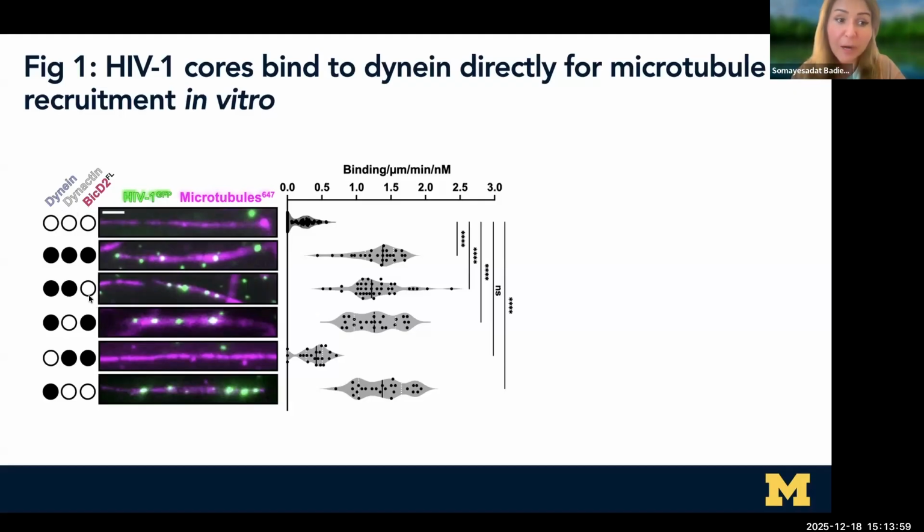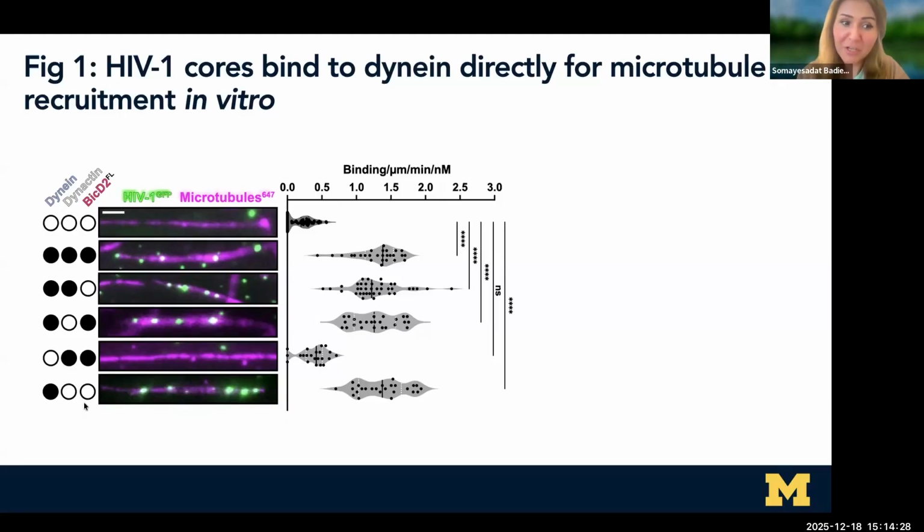To my surprise, when I excluded BICD2 from this mixture in the single molecule assay, the recruitment was not affected at all. I removed the dynactin, again, nothing. But when I excluded dynein, the number of HIV-1 recruited to the microtubule was significantly reduced.